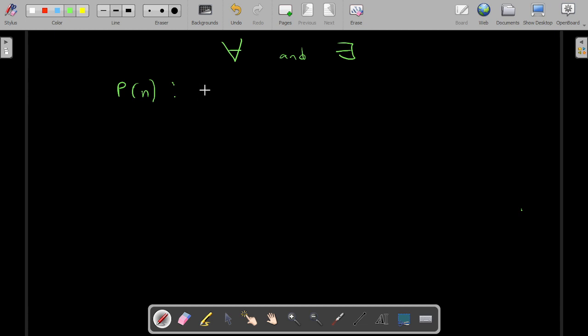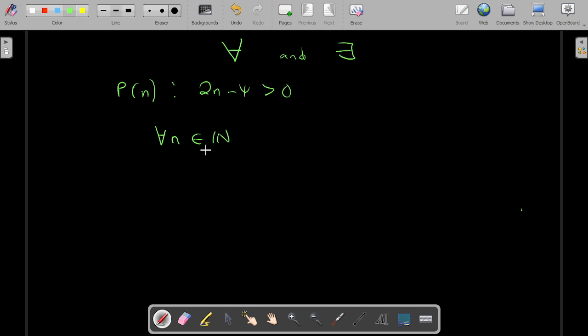Let's have 2n minus 4 strictly bigger than 0. This is going to be our proposition. Now, what does for all mean? For all small values n taken from this big N.